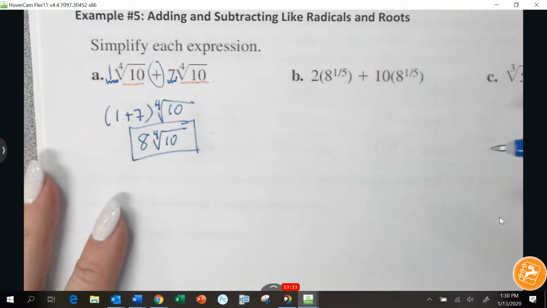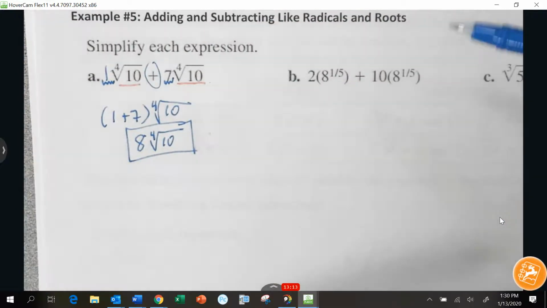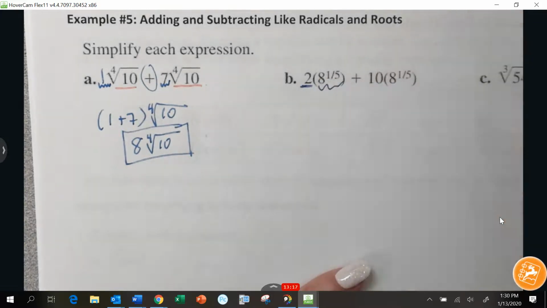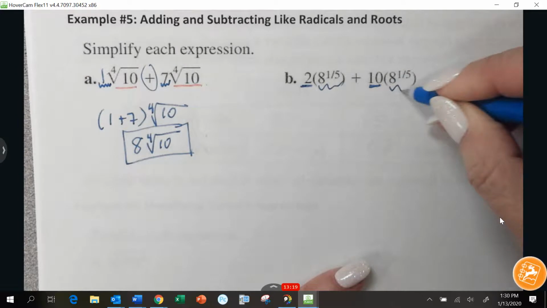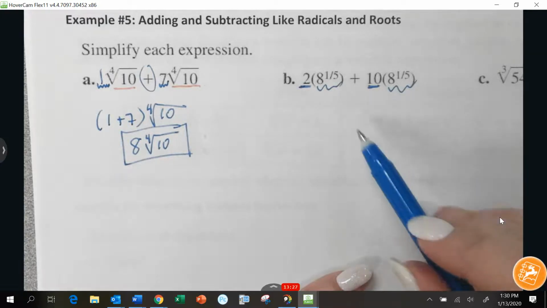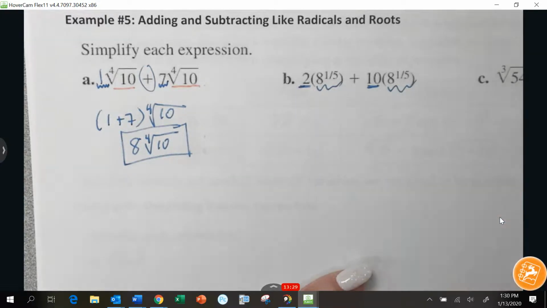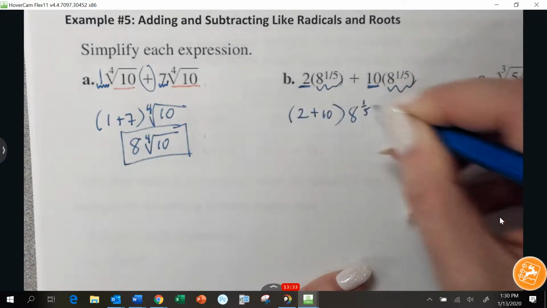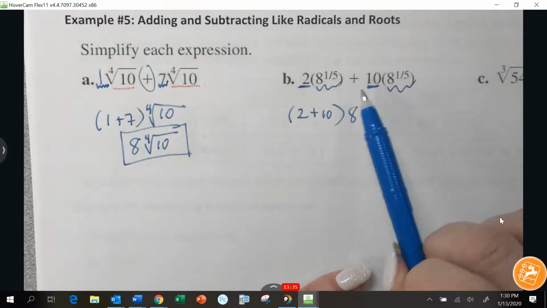Now look at number 2. I mean B. We've got 2 of these plus 10 of that exact same thing, 8 to the 1/5. So 8 to the 1/5 must be the like term part. We've got 2 of them and 10 more. Do you know what I just did right here?